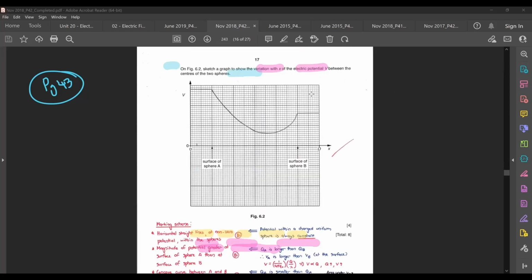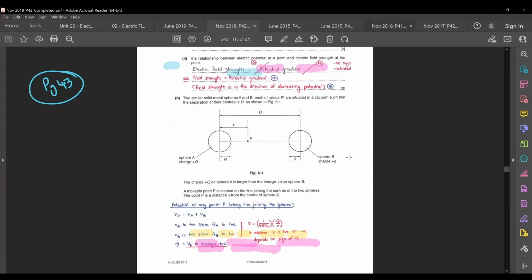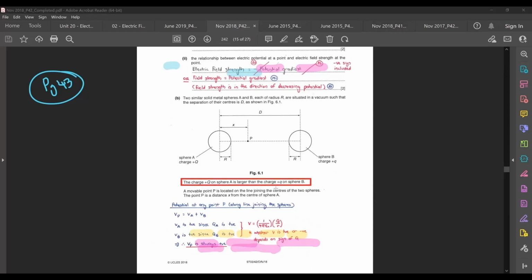Your graph will not be symmetrical also, unlike the previous one. That comes from this statement: the charge positive Q on sphere A is larger than the charge positive Q on sphere B. This already tells you that the graph will not be symmetrical.